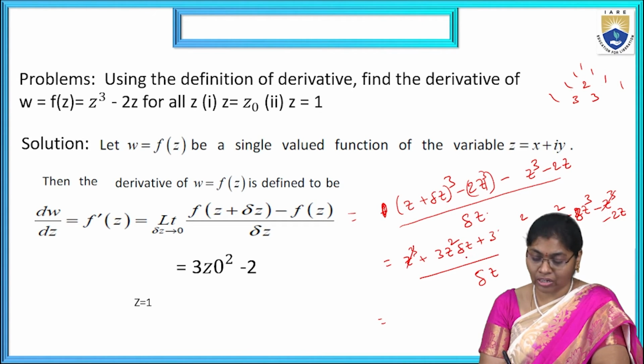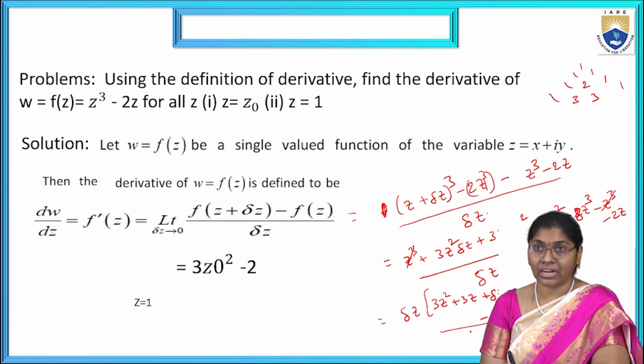Now remaining 3Z square, and in each and every term delta Z is there. Common out that term, that is 3Z square plus 3Z delta Z plus delta Z square minus 2, by delta Z. Delta Z cancels.